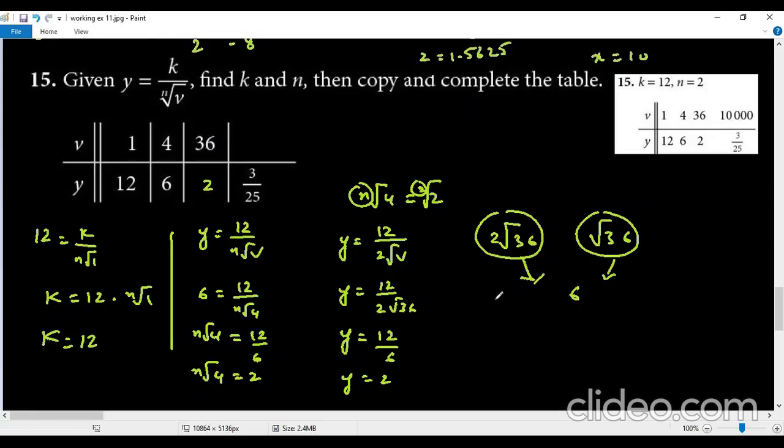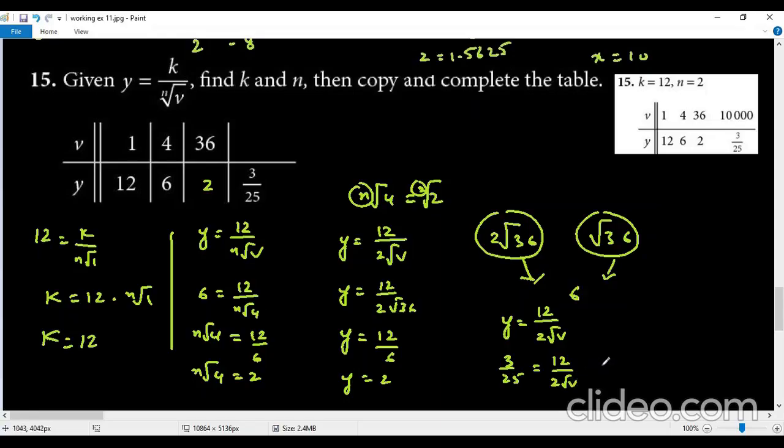Now I'm using the same formula to find out the value of v. That means y equals 12 over 2 radical v, and the value of y is 3 over 25.